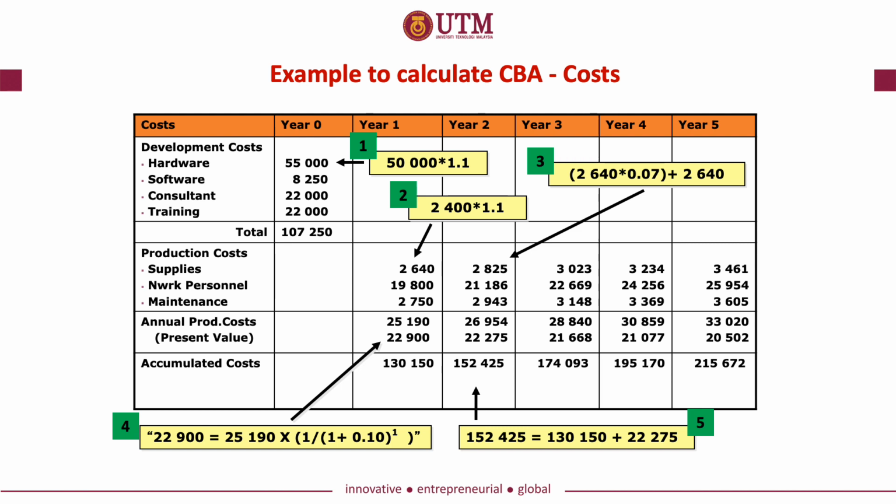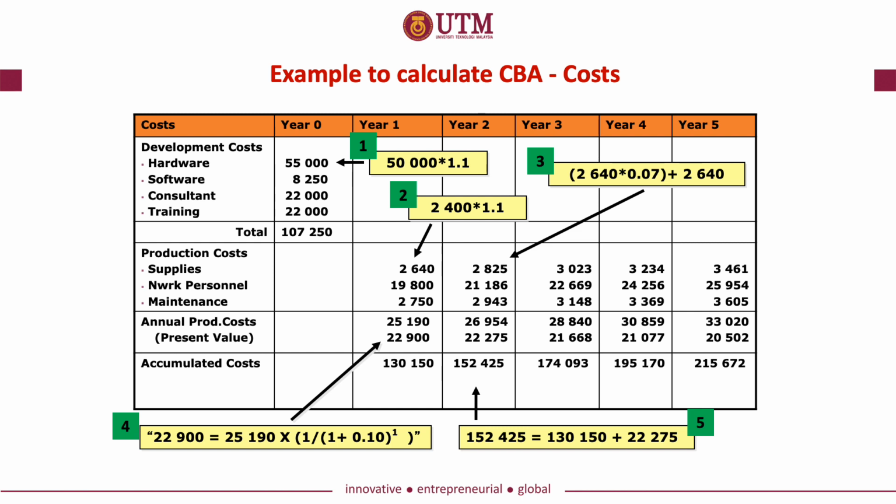Fourth, the present value or PV for all the annual production costs for 5 years should be calculated based on the previous PV formula that has been explained. Lastly, calculate the accumulated cost from year 1 until year 5.